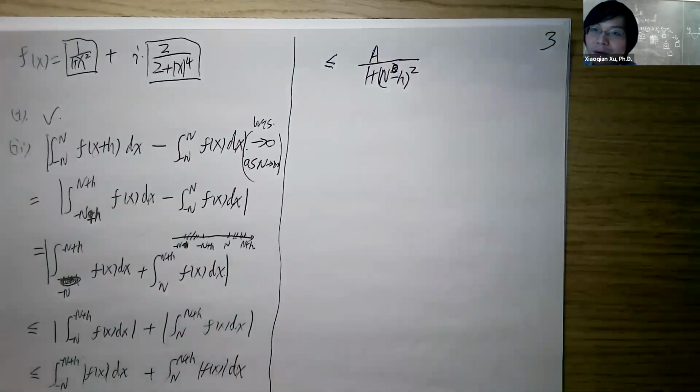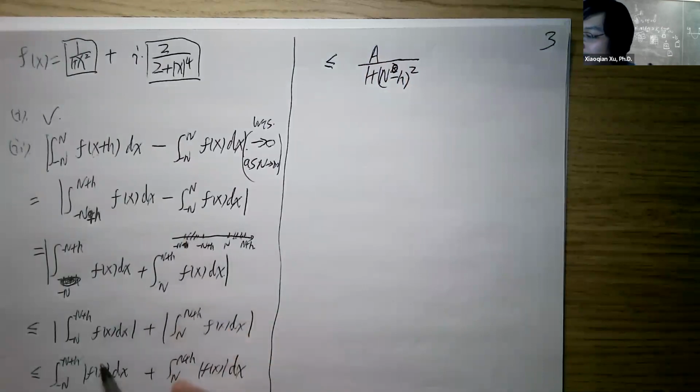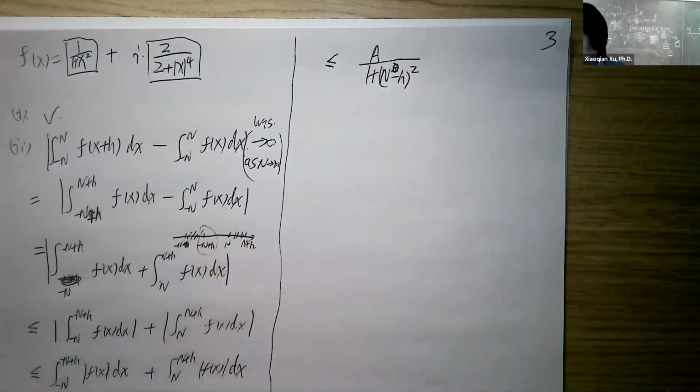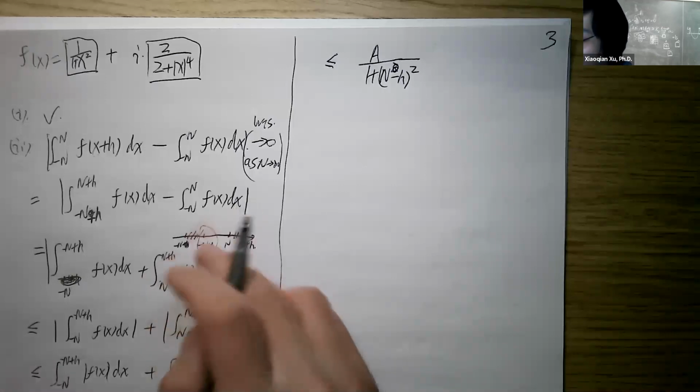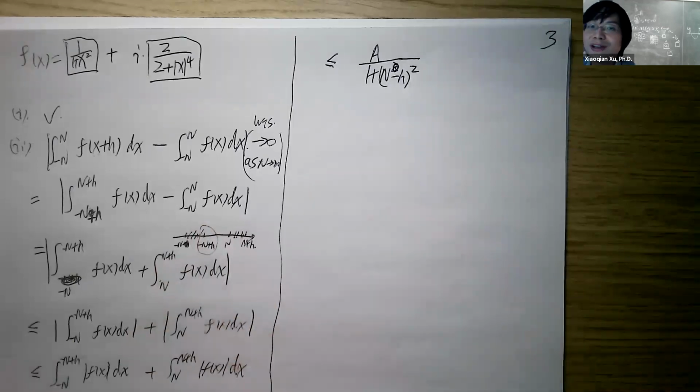When x is inside of this interval, it will take the maximum value when x equals to this one, because the value of x is minimal at this moment, so the denominator will become minimal.